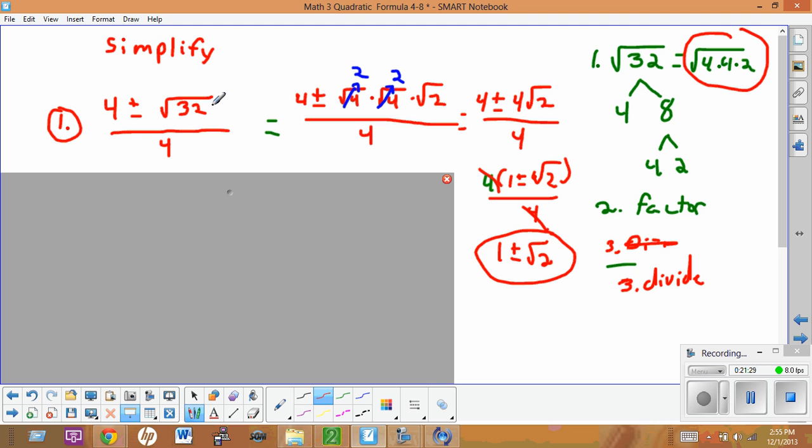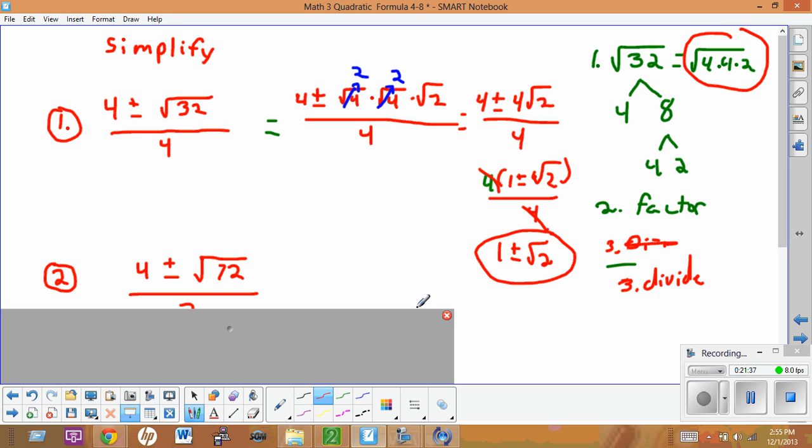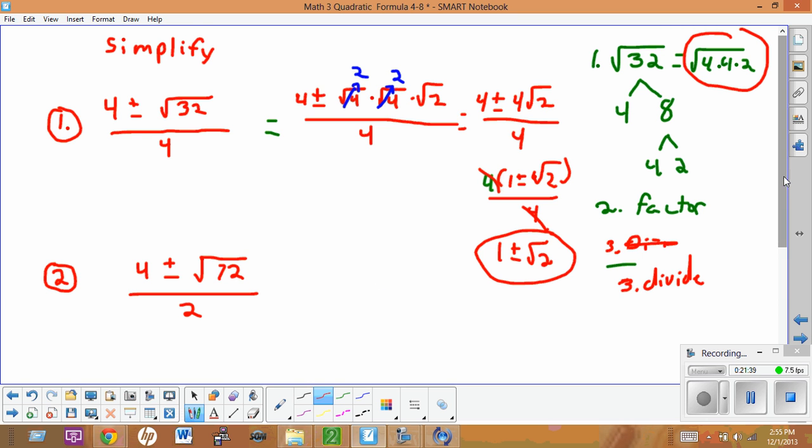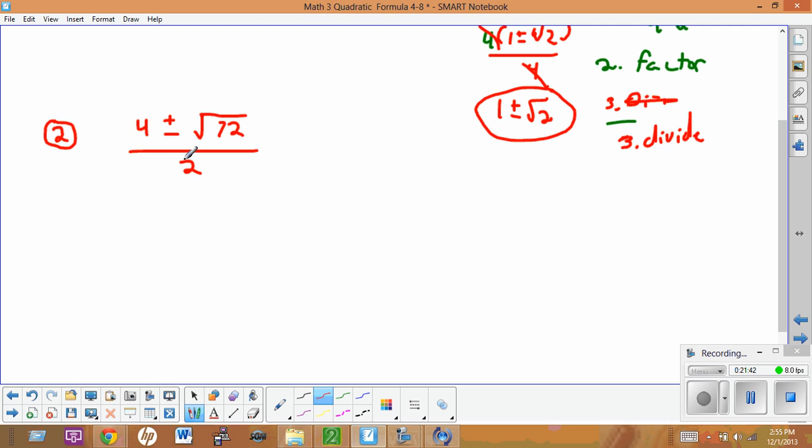Okay, let's try one more. We have 4 plus or minus the square root of 72 all over 2. So again, let's do the radical. Square root of 72, that's 9 times 8. I like 9 because 9 is a perfect square. The square root of 9 is 3. So I'm going to stop right there. 8 is 4 times 2. Square root of 4 is 2.